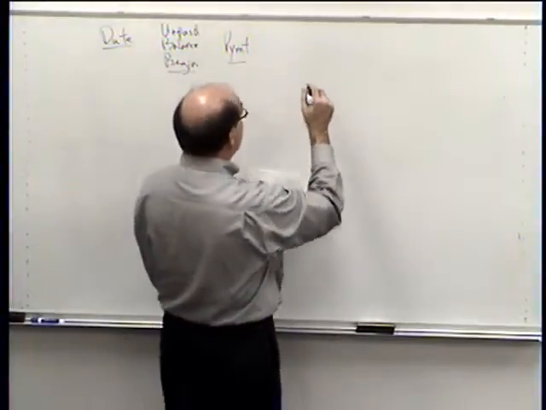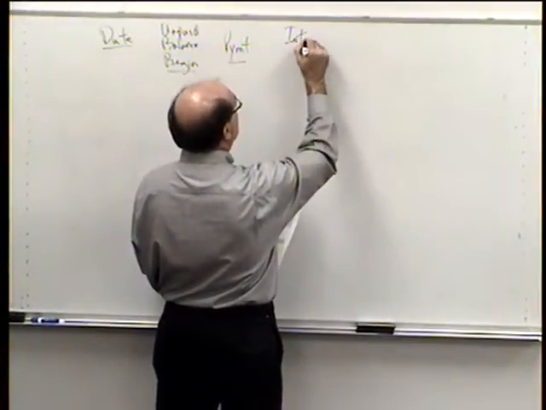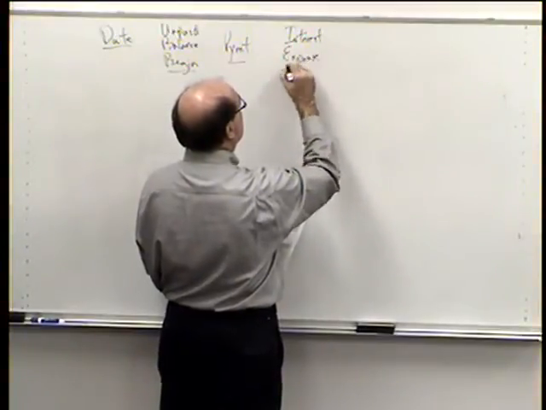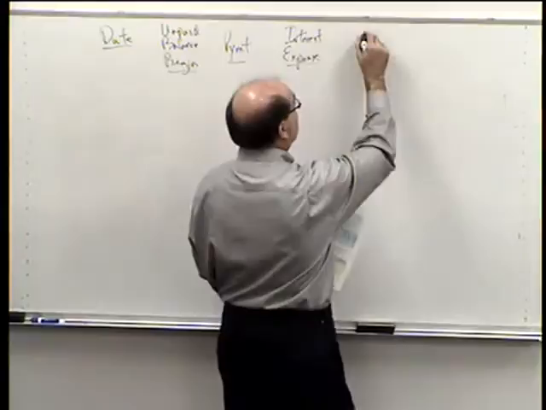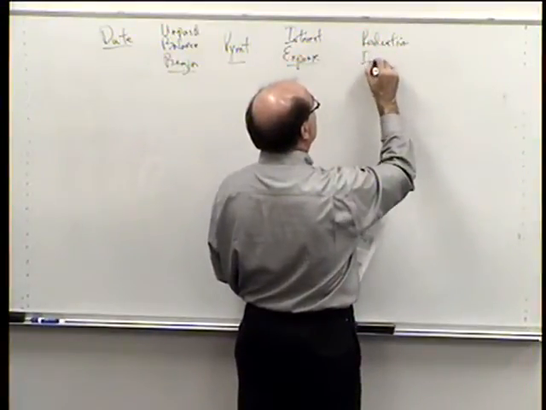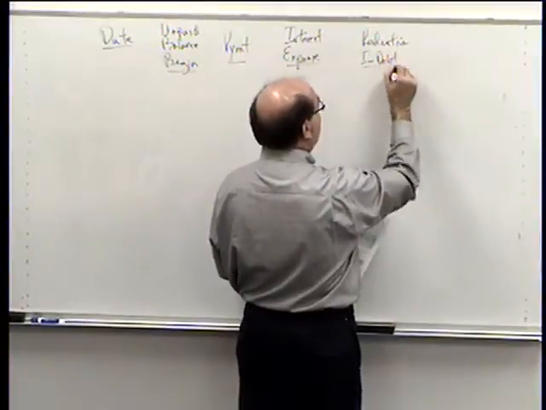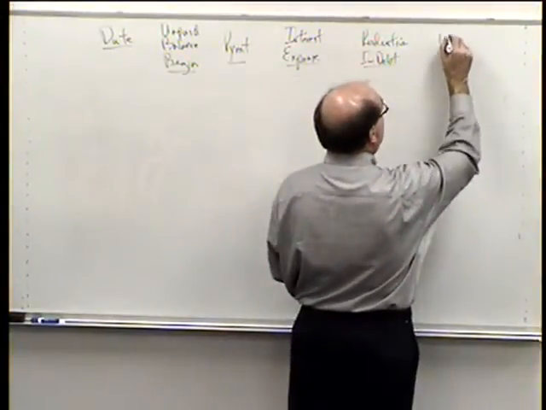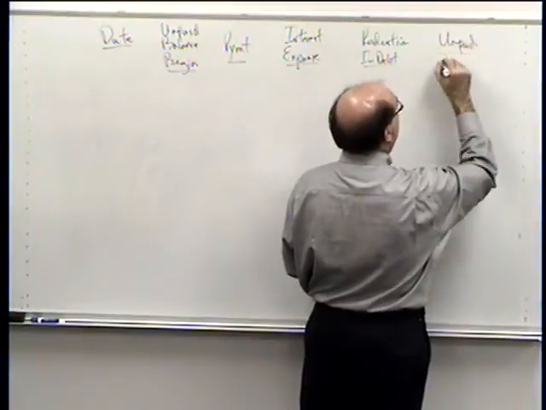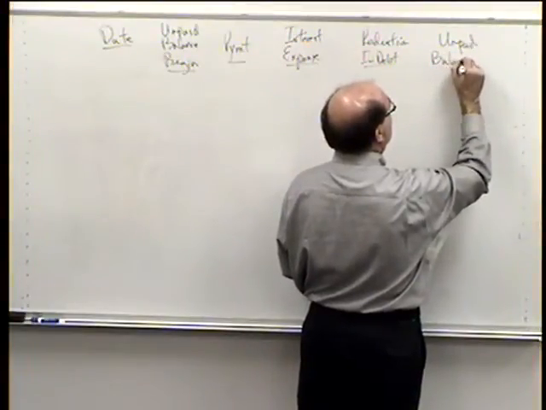And then you have the interest expense. And then you have the reduction in debt. This is how much you're actually paying off. And then finally you have the unpaid balance at the end, which is really what you need. Unpaid balance end.